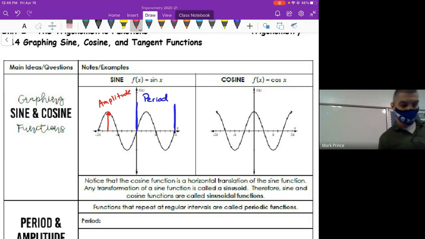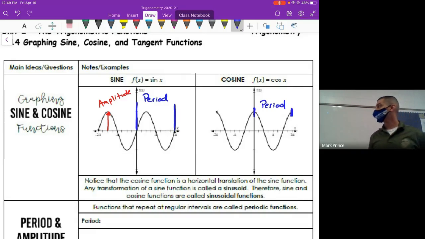For the cosine function, from here to there, the blue, that will be my period. We can see where it repeats.